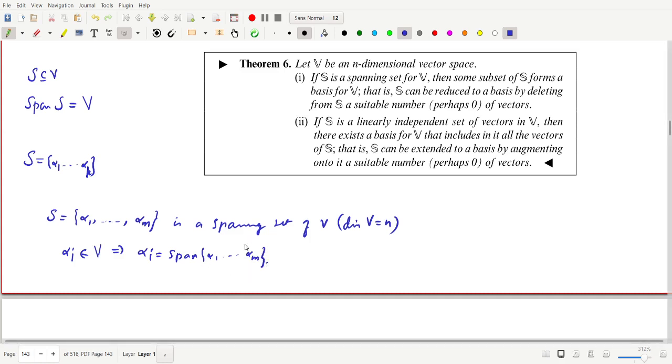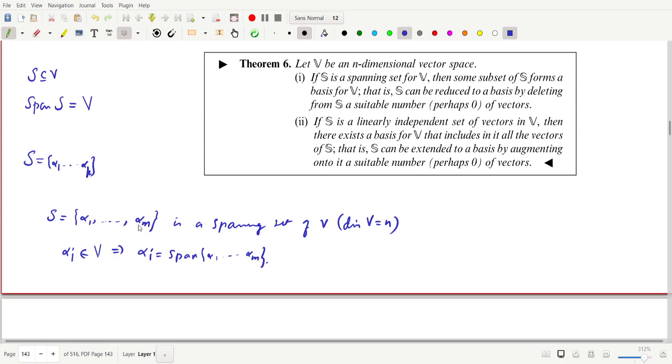Okay, so first, if this is linearly independent, then we are done, because this spans V, and we can get this as a basis, and m will coincide with n.